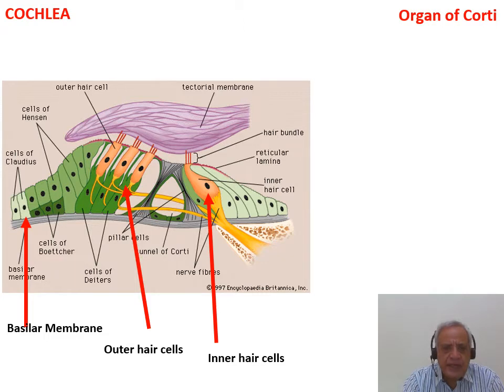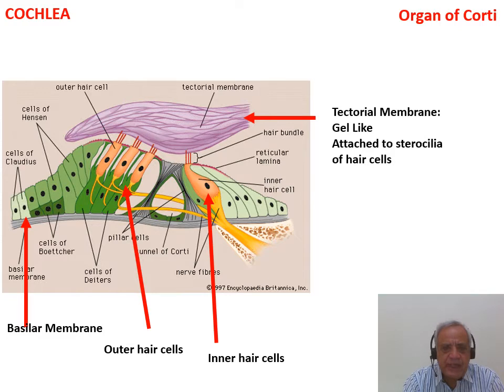Both hair cells have stereocilia, and these stereocilia are attached to the tectorial membrane above the hair cells. So again, the basilar membrane separates the scala media from the scala tympani.